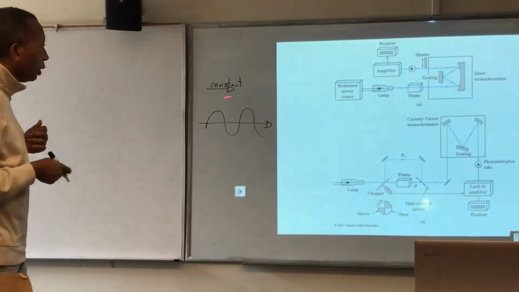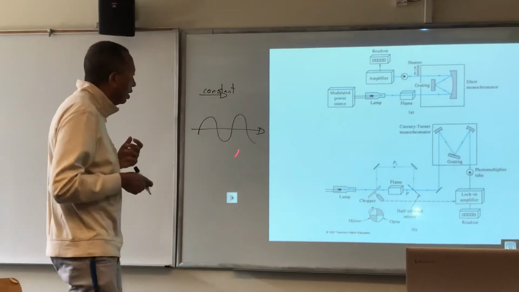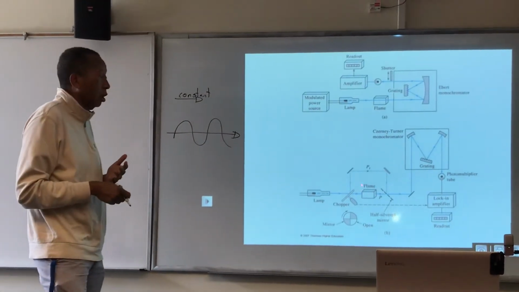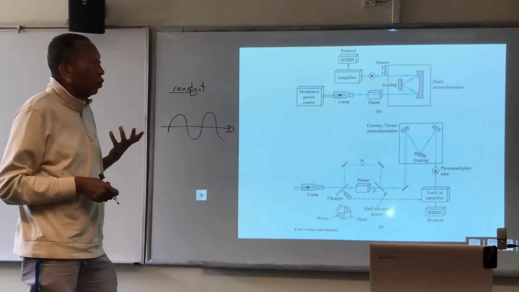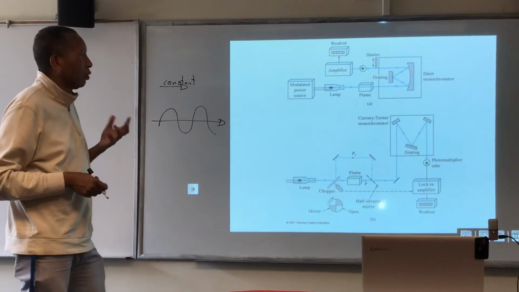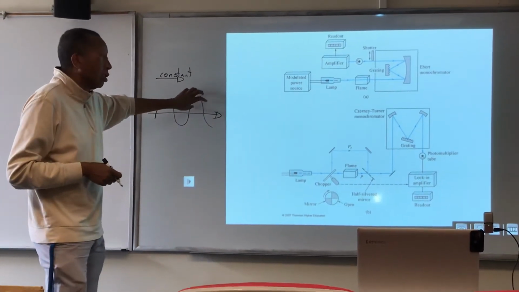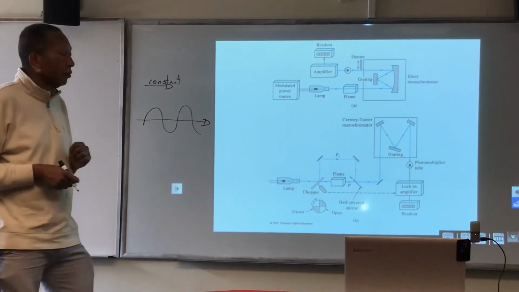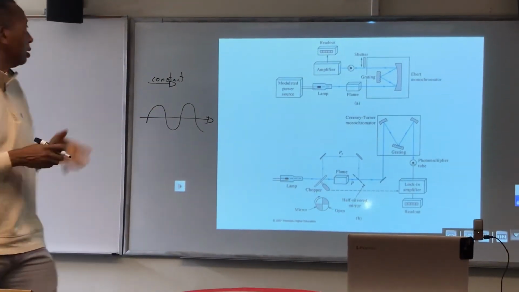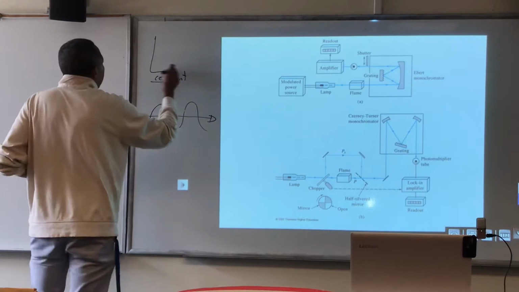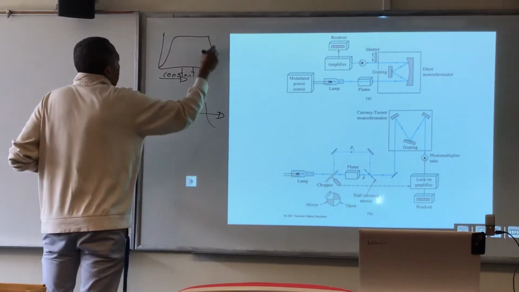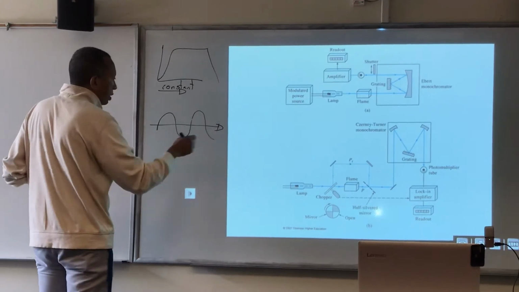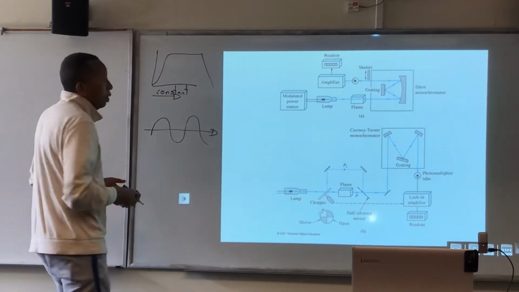And by putting a frequency dependence on the output from the source, which is here, what we're doing is allowing the instrument to lock into this frequency and only measure this frequency. Because the output from the flame is continuous, right? The output from the flame is going to look like this. It's going to be continuous, but then the output from the sample is going to have this periodicity to it.